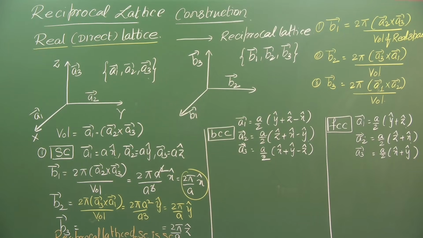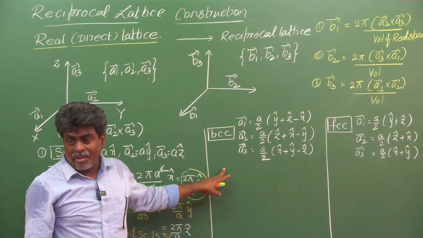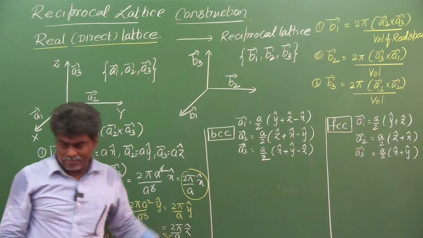Please write the conclusion. How much did you get for BCC? B1 equal to 2 pi by a into y cap plus z cap.